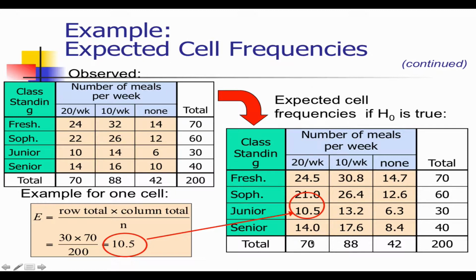So you use 70 over 200, which gives you the p hat, and then you multiply by 30, which gives you the frequency of the cell. So essentially it's the corresponding column total multiplied by the corresponding row total over the total sample size. You do that for each cell, and you get the expected frequency table.